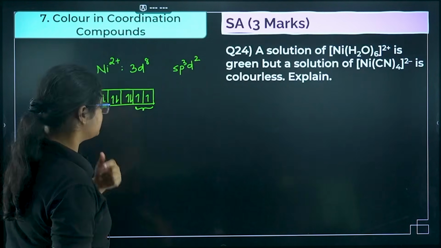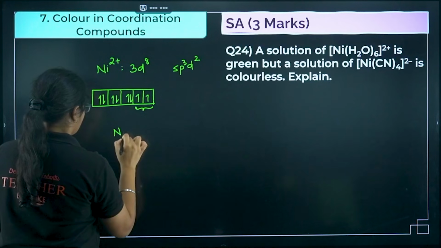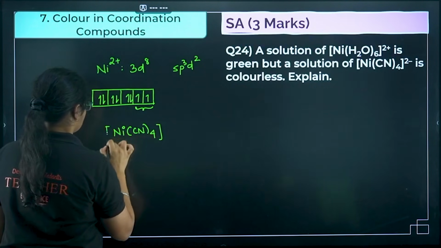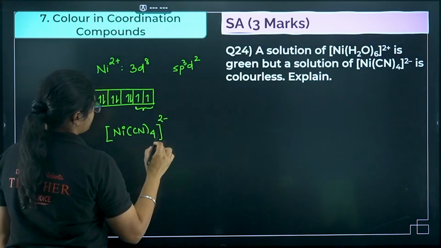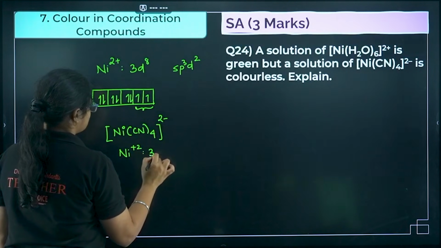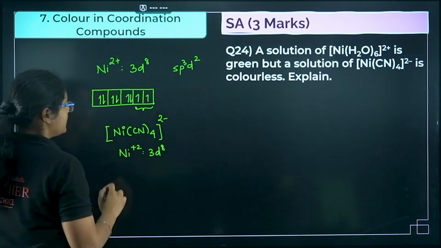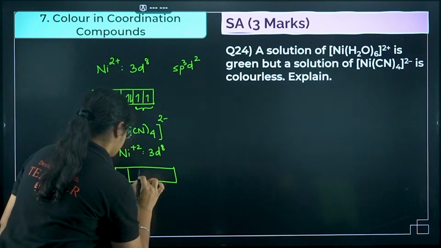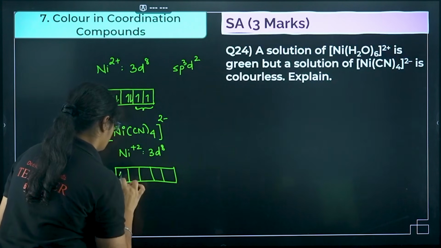Now if you see [Ni(CN)4]2-, here nickel is in +2 state, and it is 3d8. Now 3d8, if you see, it will be like this.